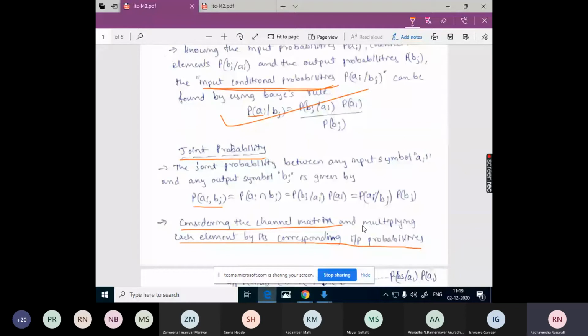Similarly, by adding the elements of the JPM row wise, we can obtain the probability of input symbols. In the first one we added elements column wise, here it is row wise.